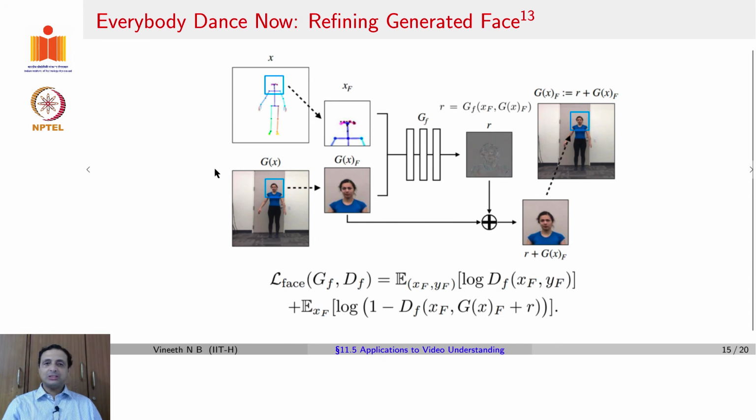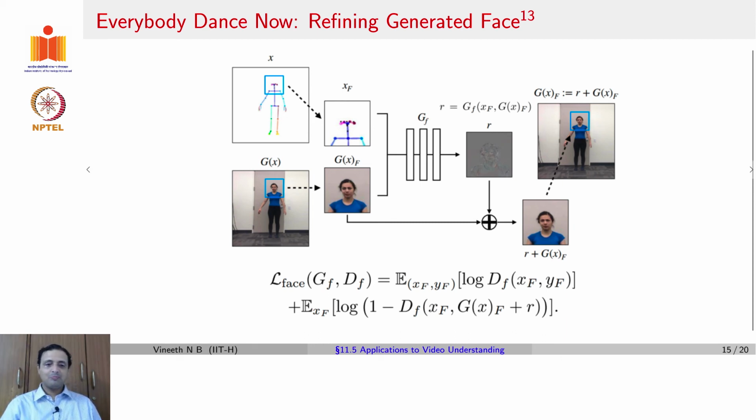Finally, because in the process of transposing someone else's moves onto a target person, there could be distortions and loss of detail on the face of the target person, this method also introduces one module to refine the generated face. This is another GAN within the overall framework.